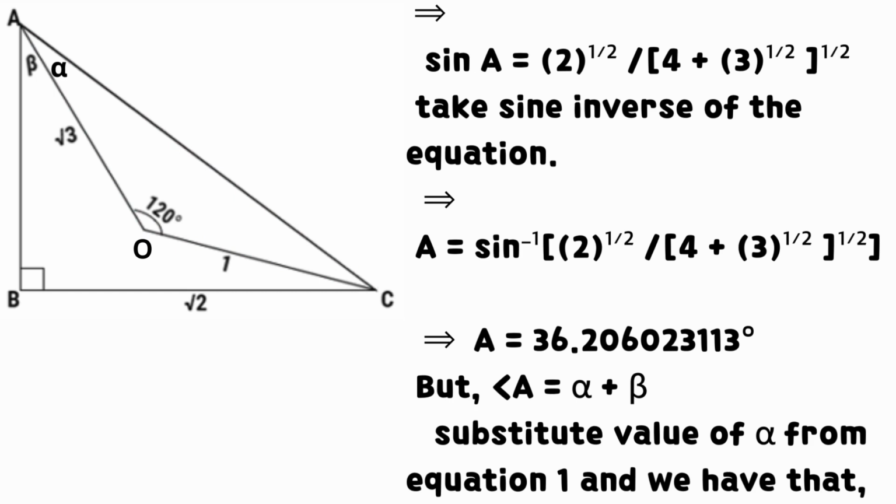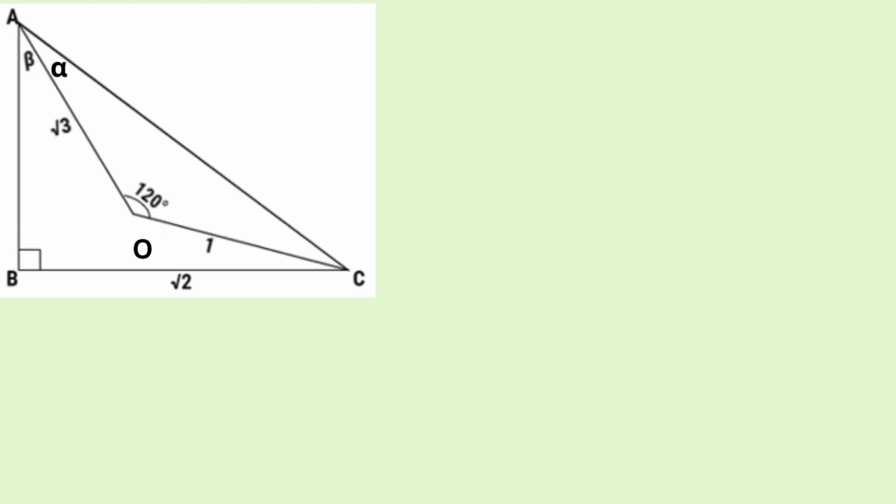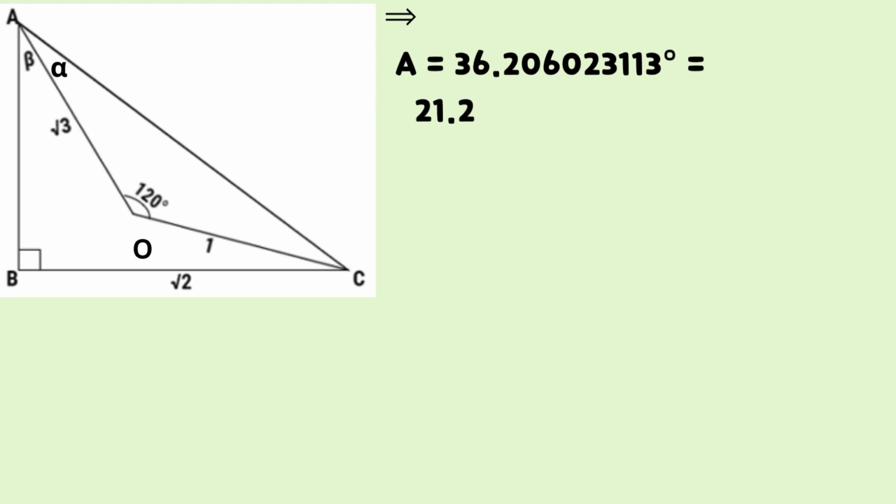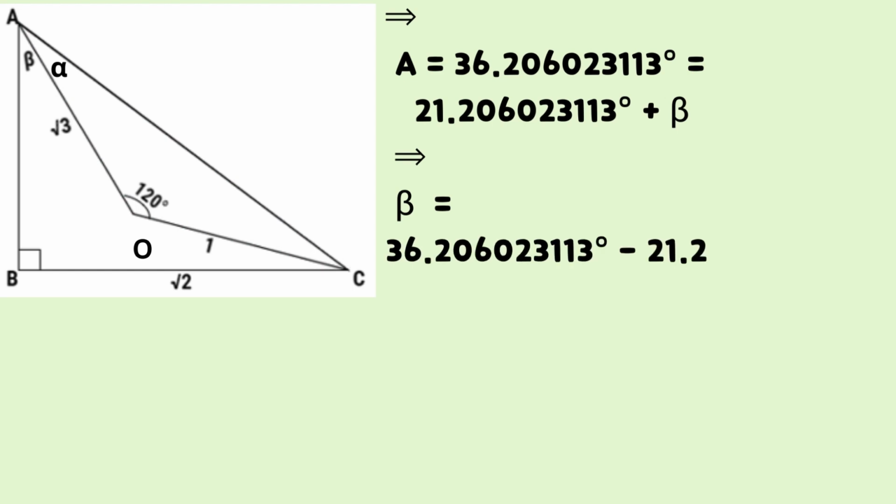Substitute value of alpha from equation 1 and we have that A equals 36.2060231113 degrees, which equals the sum of 21.2060231113 degrees and beta.